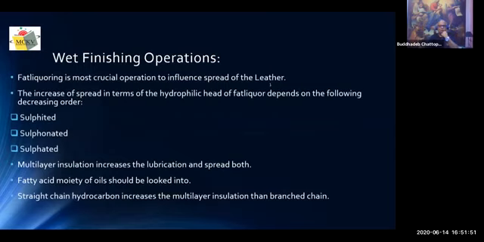Fat liquoring is the most crucial operation to influence the spread of the leather. The increase of spread in terms of the hydrophilic head of the fat liquor depends on the following decreasing order: sulfited gives the base spread, sulfonated gives lesser spread, sulfated still lesser. Again, looking at the alkyl moiety, multilayer insulation increases the lubrication, that is the softness, and the spread both.